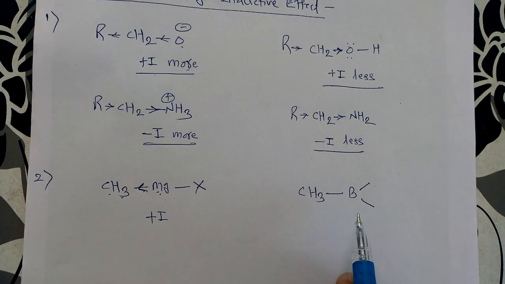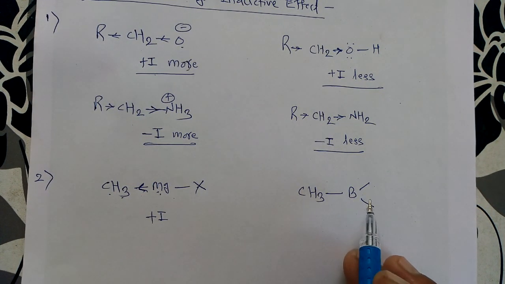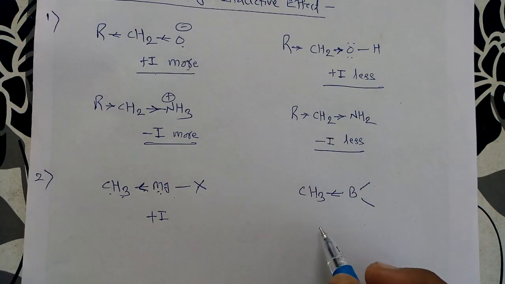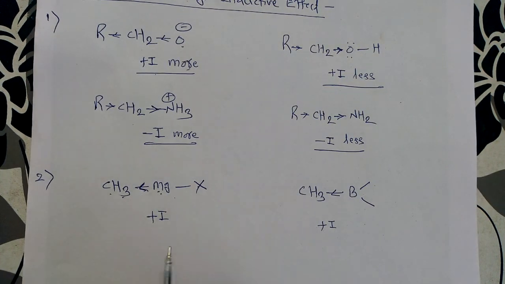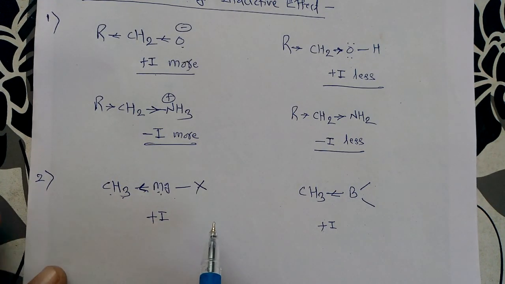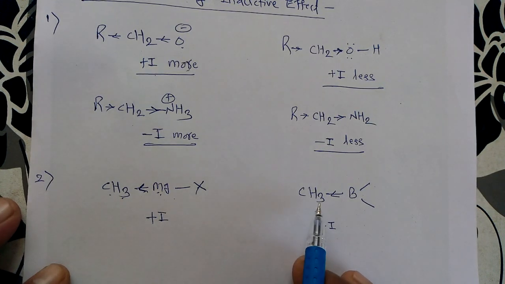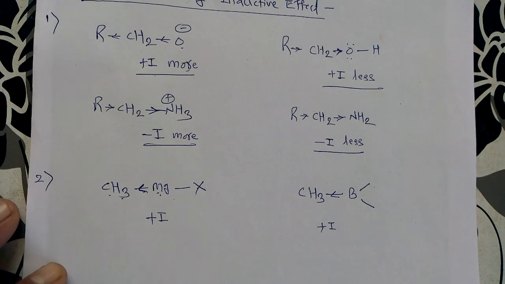In this case what happens? This boron also shows the electron density tendency towards this carbon atom, that's why it also shows the plus I inductive effect. But now the question arises, the magnitude of which plus I inductive effect is more? At that time what you have to take into consideration is that as electronegativity of the atom goes on decreasing, it increases the plus I inductive effect.